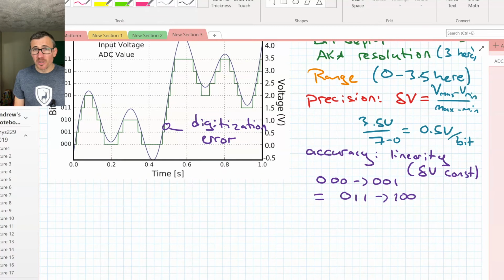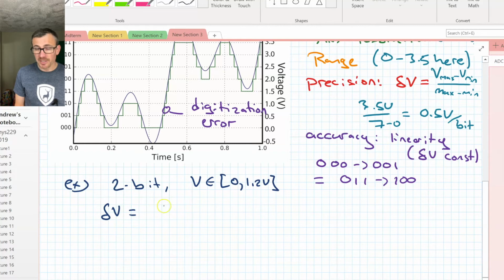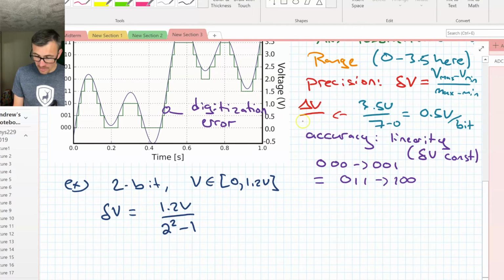So just as a quick numerical example, let's say we have a 1.2 volt 2-bit resolution ADC. 1.2 minus 0, so 1.2 volts divided by 2 to the 2 minus 1. The maximum bit I'm going to have is 1,1. I can also write this as delta V over 2 to the n, all minus 1.